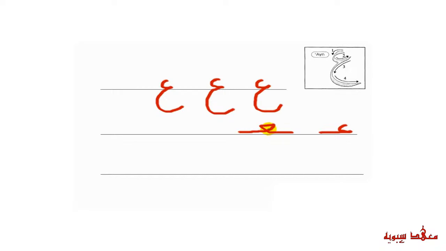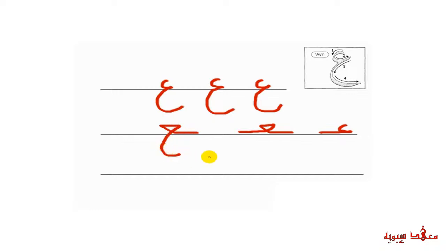Now in the final form, it's similar to this. What we do is, we have the previous letter, and then to finish it off, we go up, across, and then it's going to be similar to the last part. So it's going to be down like this.